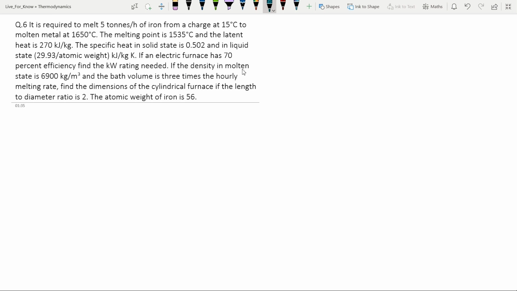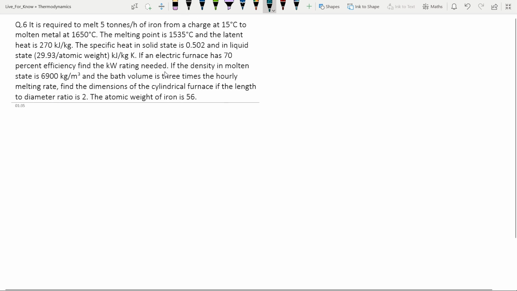If the density in molten state is 6900 kilogram per meter cube and the watt volume is 3 times the hourly melted rate, then find the dimensions of the cylinder furnace if the length to diameter ratio is 2. The atomic weight of iron is 56.